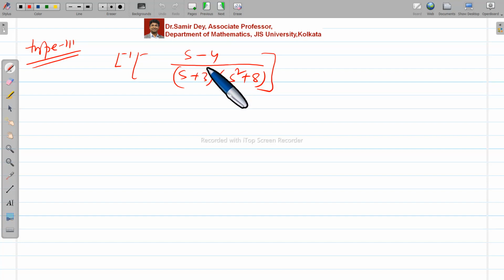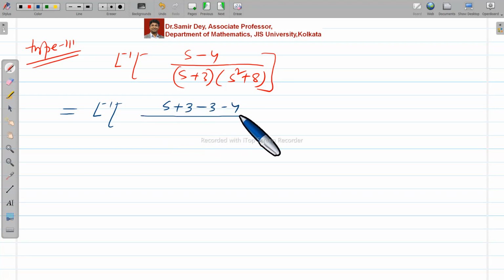Now try to understand this. It's very easy. Our first target is to transform this expression like this. So here you may write (s plus 3 minus 3 minus 4) by (s plus 3)(s square plus 8).